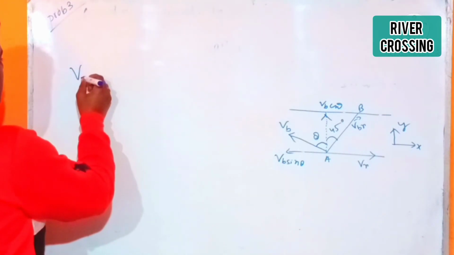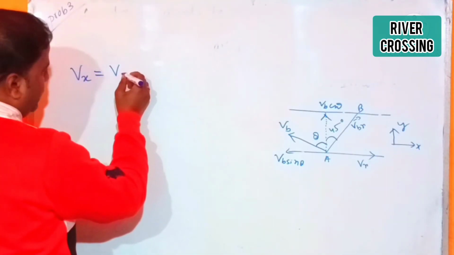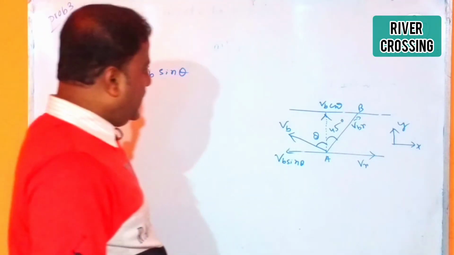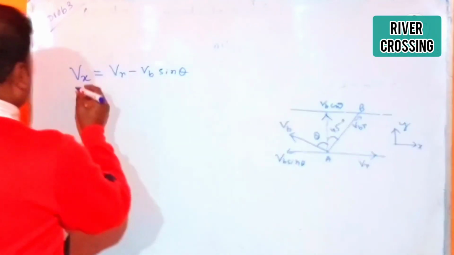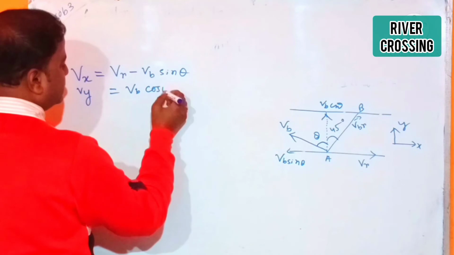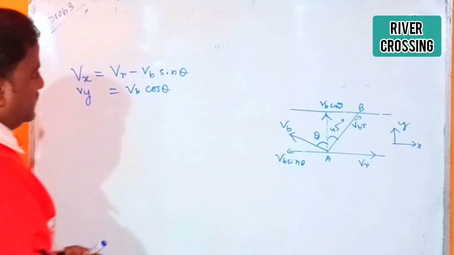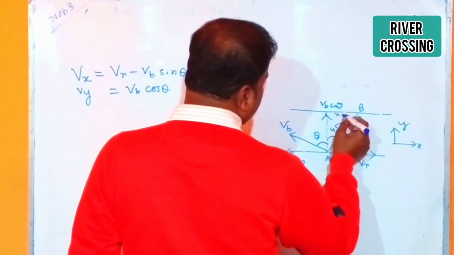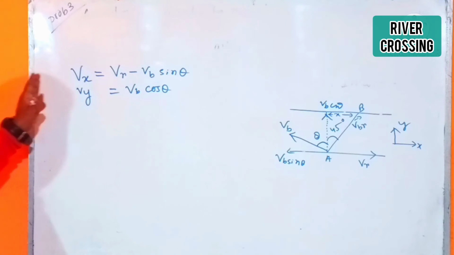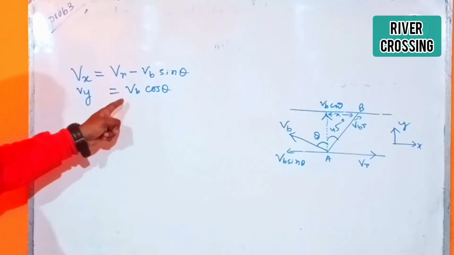Therefore, the resultant velocity of the boat along the x direction Vx equal to Vr minus Vb sin theta, and along the y direction Vy equal to Vb cos theta.